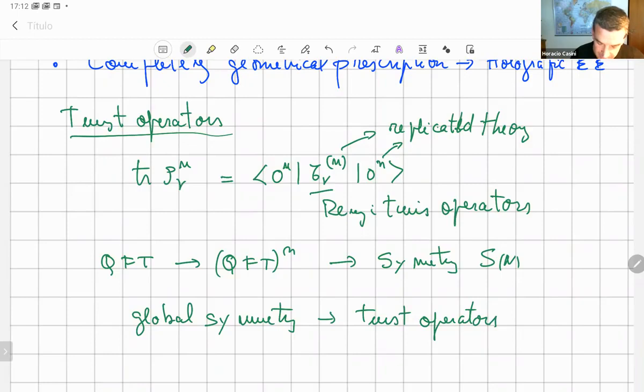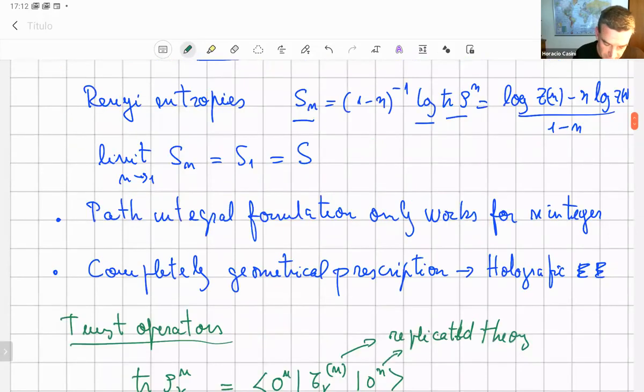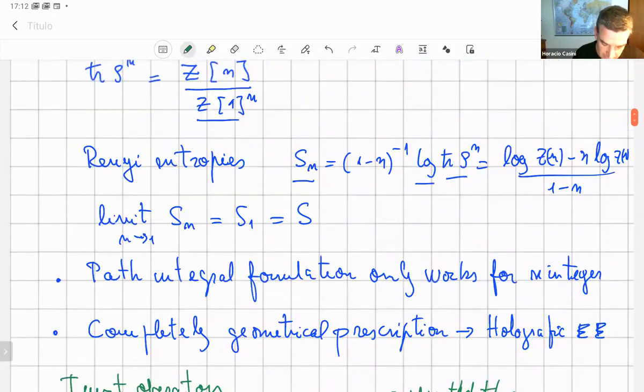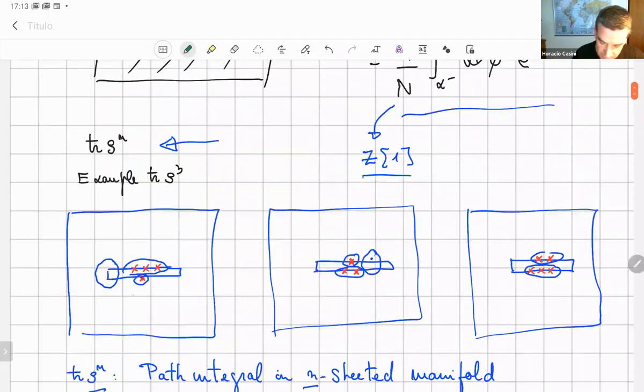They are just operators that implement the symmetry only in a region of the space. For example, here we will implement the operation only here, and this operation in this case permutes between these different copies in a cyclic way.